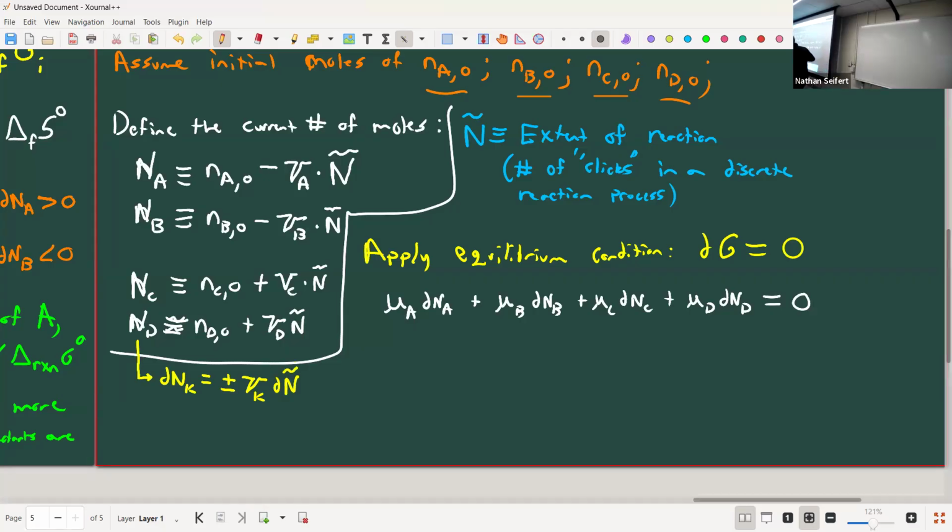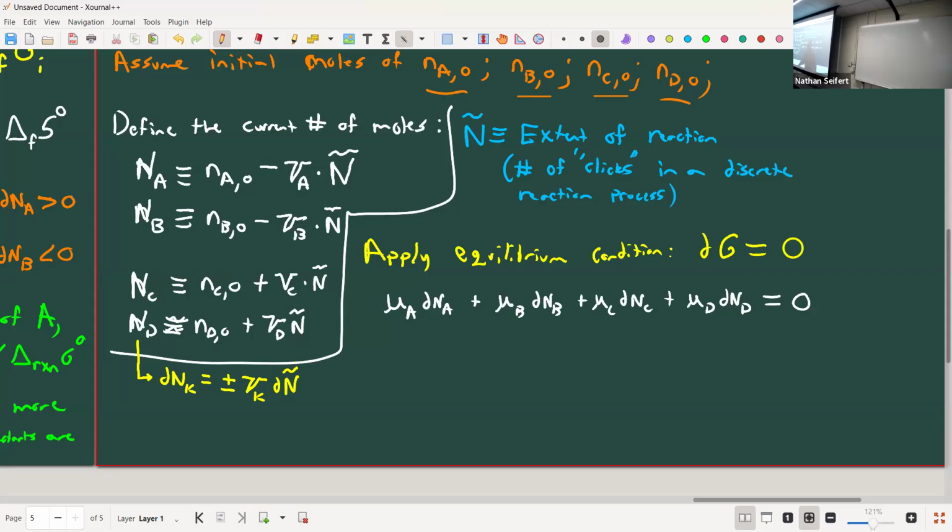I'm just taking the derivative of both sides. This is a constant, so it disappears. This is a coefficient, so it stays. And so any change in the number of moles is proportional to a change in the extent, which makes sense. So dn k is proportional to the stoichiometric coefficient times the change in extent.